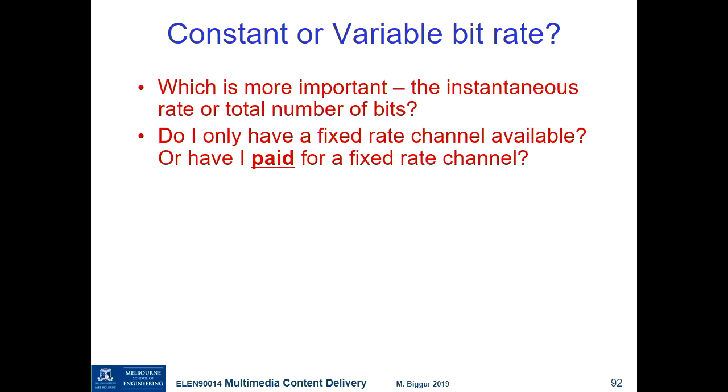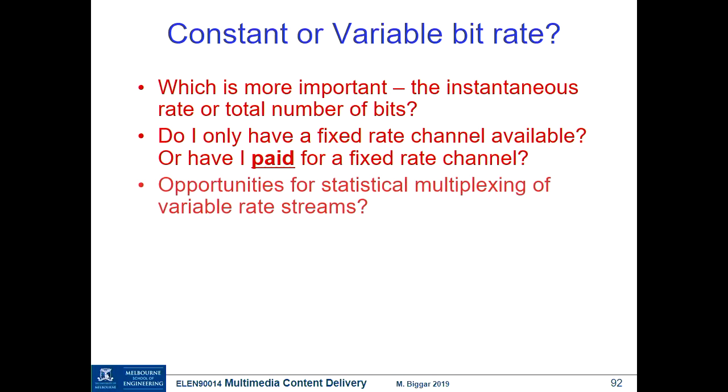The second dot point, do I only have a fixed rate channel available? So that's the broadcast TV case, or maybe I've paid for a fixed rate channel, so I'm going to use all the bits that are available to me anyway, in which case I might make it variable rate. Is there an opportunity for statistical multiplexing of variable rate streams? So you come across this term statistical multiplexing before? No?